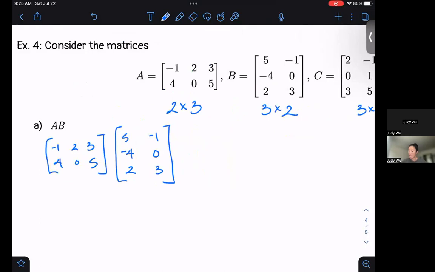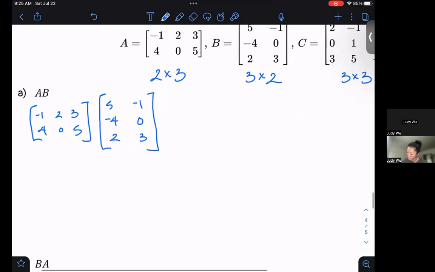Now I know this is a 2 by 3 times a 3 by 2, and because the inner dimensions are equal to each other, we can proceed. I wonder how large the final matrix is going to be, and I bet some of these numbers will actually tell us. So let's go through our process, see how big our resulting matrix is, and see if we can figure out a pattern.